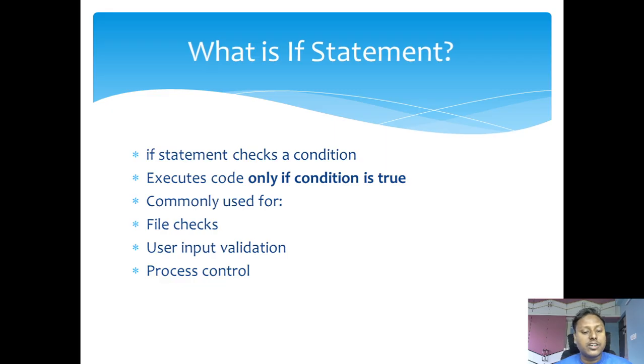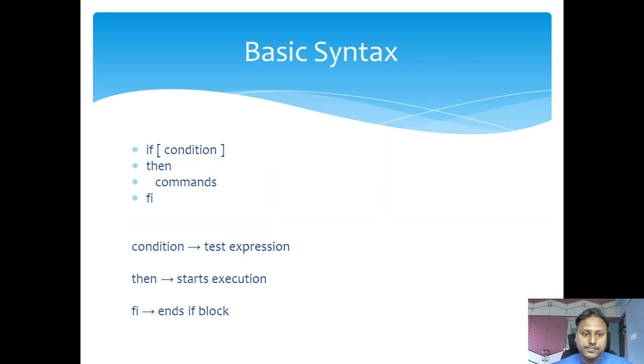We can check a lot of different things there. Next is user input validation, whether whatever the user is giving as input is correct or not. And we can do process control as well through the if statement.